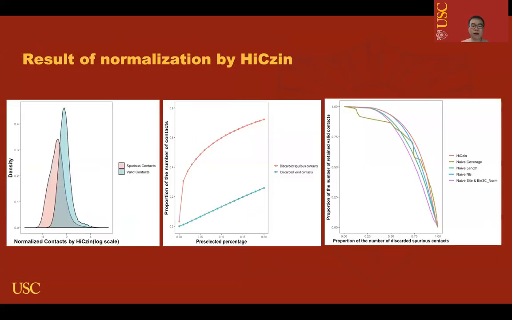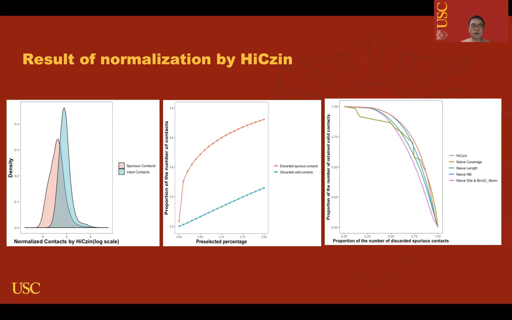Then we apply our method to the metagenomic yeast dataset. After normalization, the distribution of normalized spurious contacts deviated to the left from the distribution of normalized valid contacts, facilitating the distinction of spurious contacts from valid contacts. As we need to pre-select a percentage reflecting the acceptable fraction of losses of valid contacts, we can observe that the threshold increased with the pre-selected percentage.